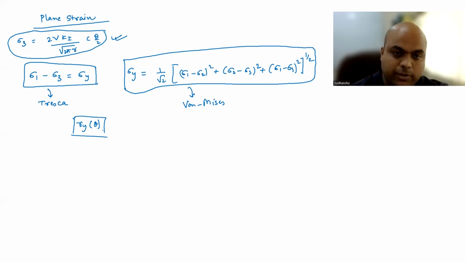Okay, so if we plot both von Mises and Tresca and in both plane stress and plane strain condition, let's see how the plot looks, and you can do it using MATLAB or any other software. Okay, because we know the relationship between ry and theta.